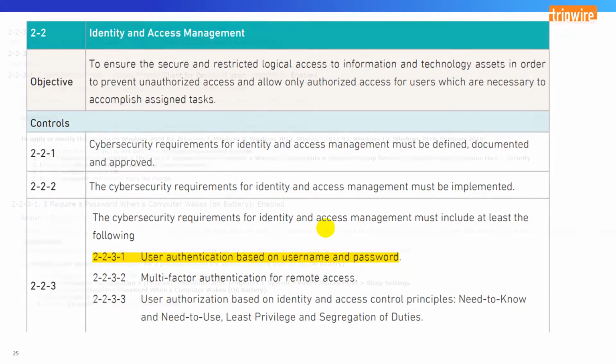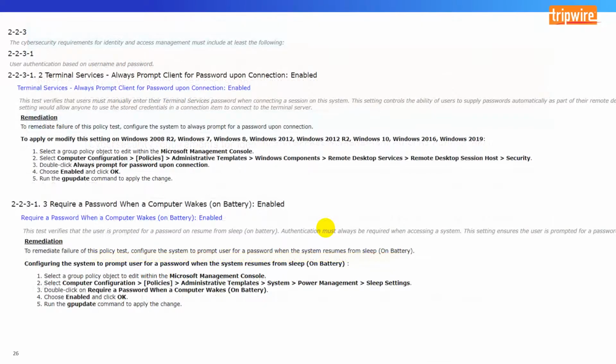For example, the terminal services: you need to make all terminal services, like remote desktop and SSH, and so on, prompt with a password. And also you need to require the password when the computer wakes up on battery, for example.